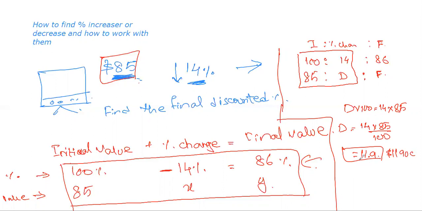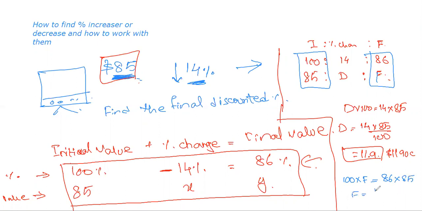Okay, so if this is my discount, I can calculate my final price now. For final price, we can also use ratios. How will we use ratios? We will take this column and this column and we cross multiply. Okay, so this would be 100 times F equals 86 times 85.